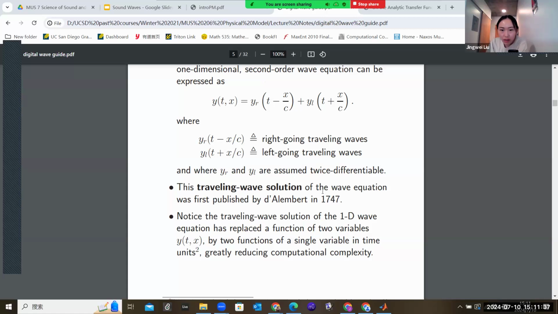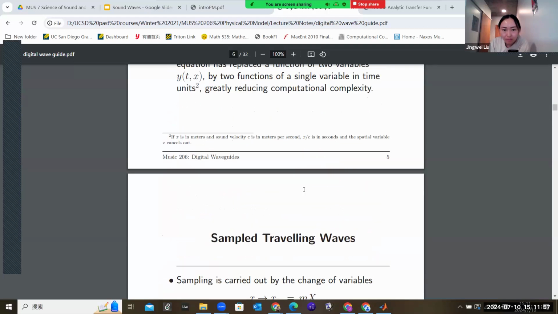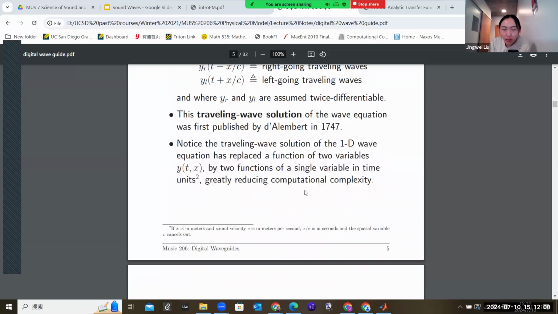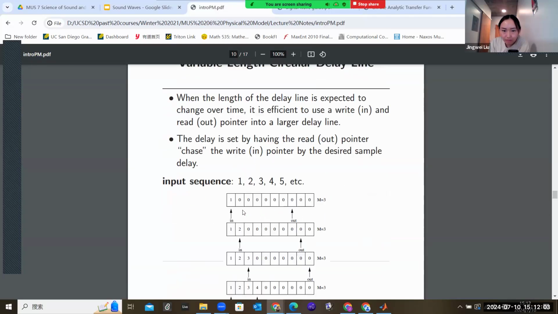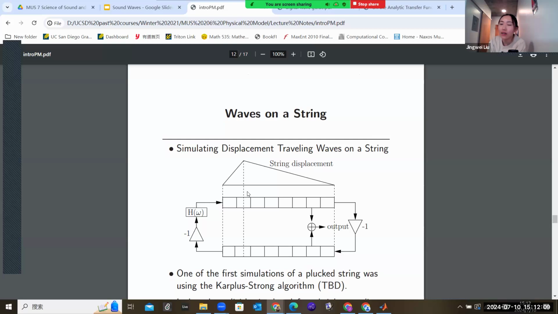The traveling wave solution of the wave equation was first published by D'Alembert in 1747. At that time, it was only physical modeling. But this is the digital waveguide we are going to talk about. The physical modeling digital waveguide was developed at Stanford's CCRMA, which, like UCSD, is a computer music research center.